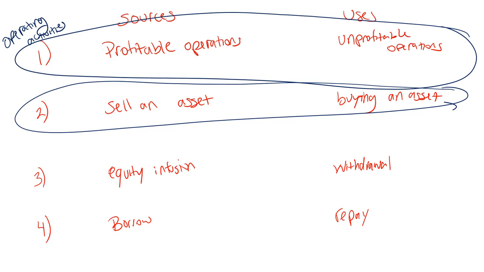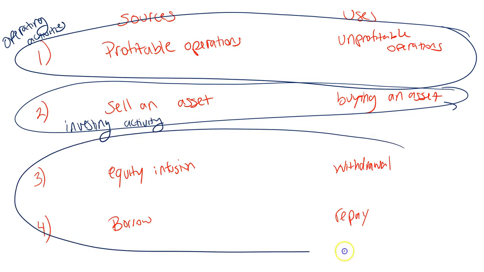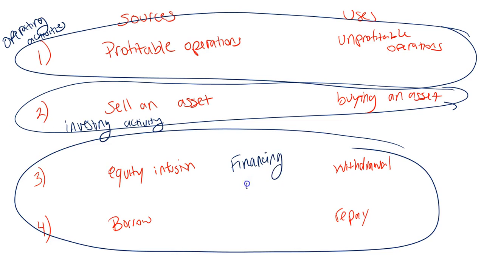So anything that involves the purchase or sale of a fixed asset would be an investing activity. And then we can group the last 2 into financing activities. So anything that affects our equity or our debt would be a financing activity.